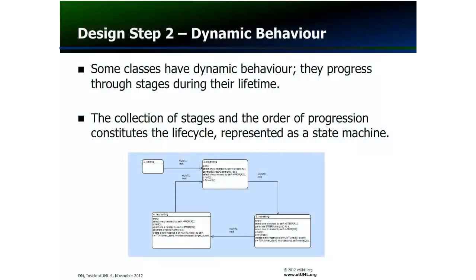Once the class diagram has stabilized, the next layer of detail to be added is dynamic behavior. For those classes that progress through stages during their lifetime, xtUML uses state machines to model this life cycle and state events to trigger progress.